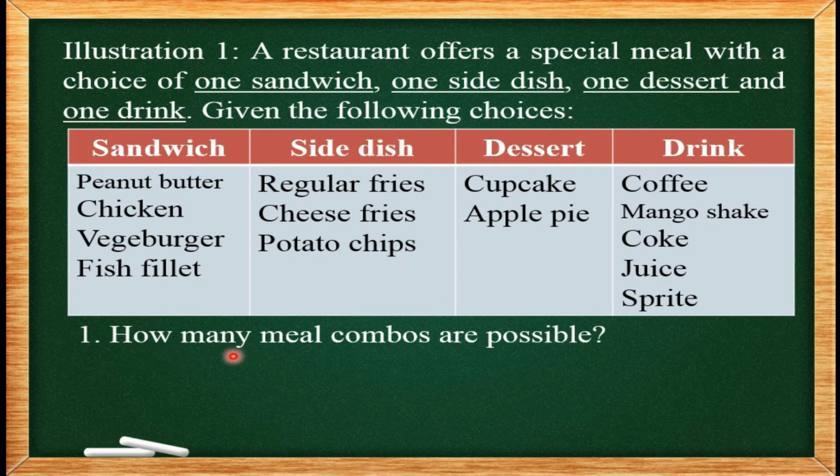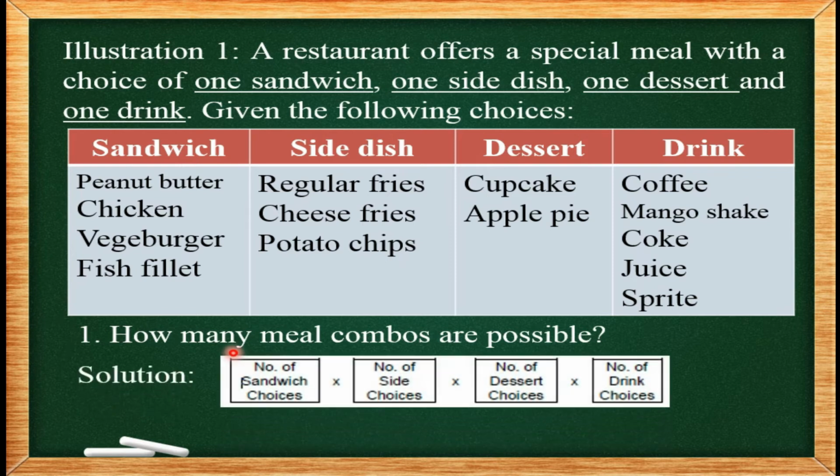This is how this problem is solved. Have your solution. So, you have the number of sandwich choices times the number of side choices times the number of dessert choices times the number of drink choices. So, how many sandwich choices do we have? 1, 2, 3, 4. There's your 4.